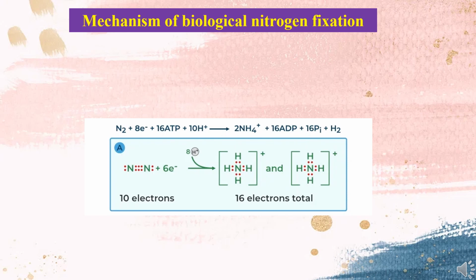Depending on the type of microorganism, the reduced ferredoxin which supplies electrons for this process is generated by photosynthesis, respiration, or fermentation. Nitrogen fixation is an energy-expensive process, and much energy is required to break the triple bond of molecular N2 so that it can be converted to two molecules of ammonia.